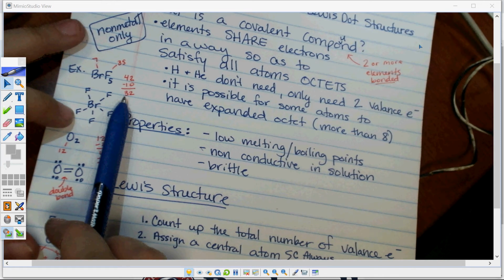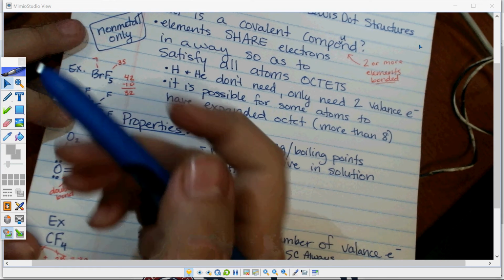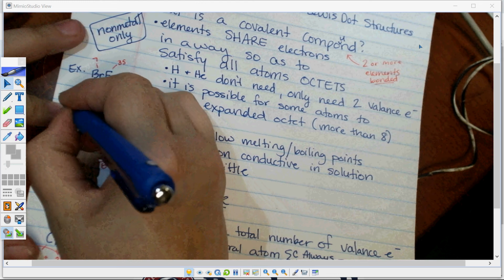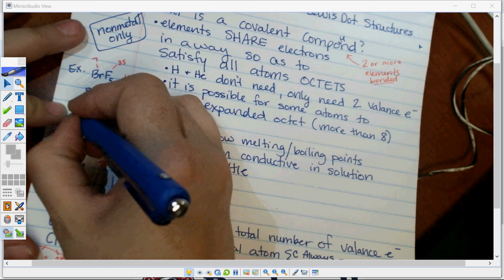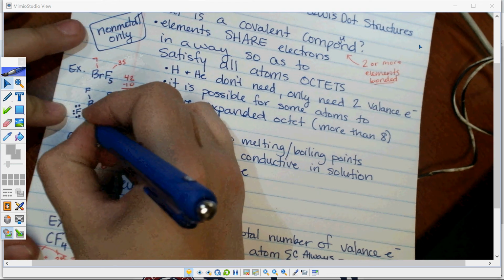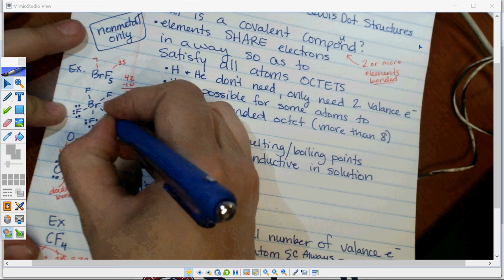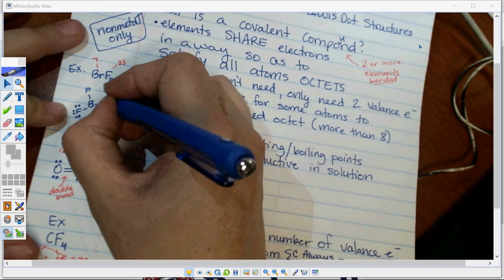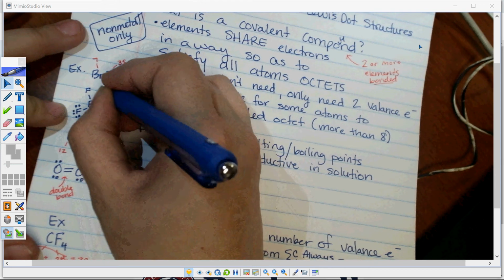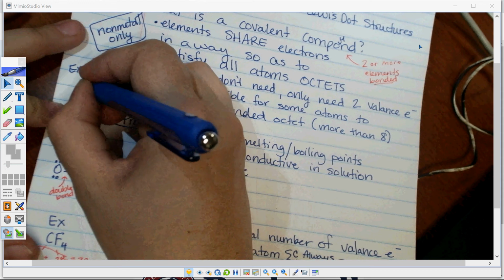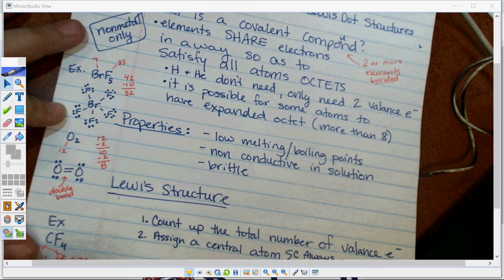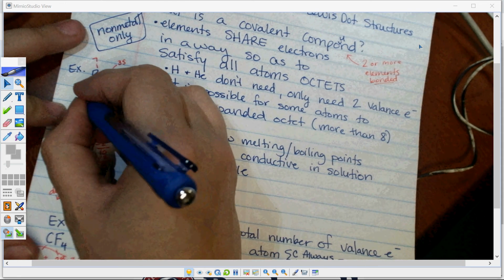So if you have too much, you go ahead and pass out the lone pairs, because you've got enough to do that. So I'm going to give each fluorine the 6 electrons they need in pairs of 2. And then the thing you do with those extra 2 electrons is you just put them on the central atom.